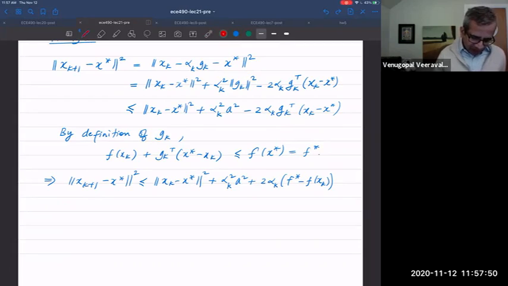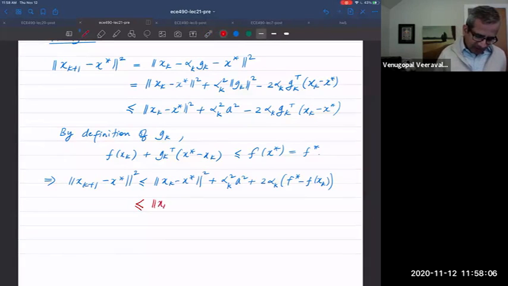Let's write one more step of this iteration on the right-hand side. Just like I could write x_{k+1} in terms of x_k, I can write x_k in terms of x_{k-1} in a similar manner. So let's go ahead and do that.